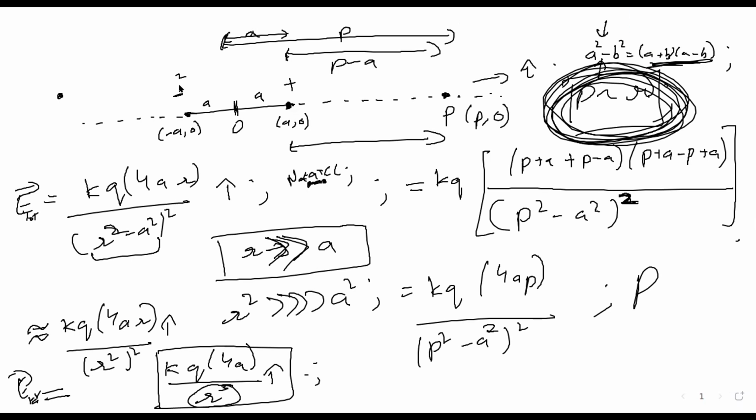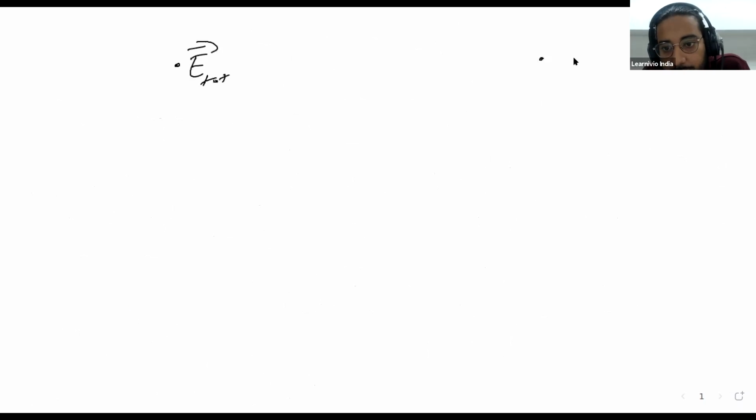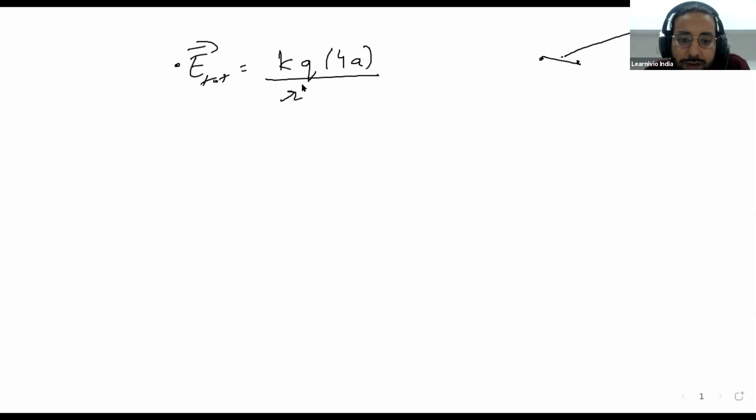So our E total that we got for an electric dipole for large distances, mind you, is just K times Q times 4A divided by R cube.